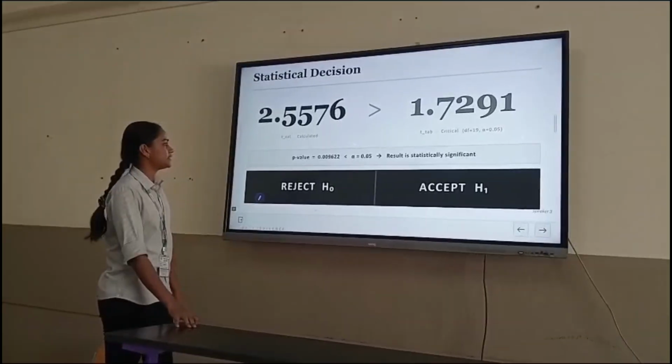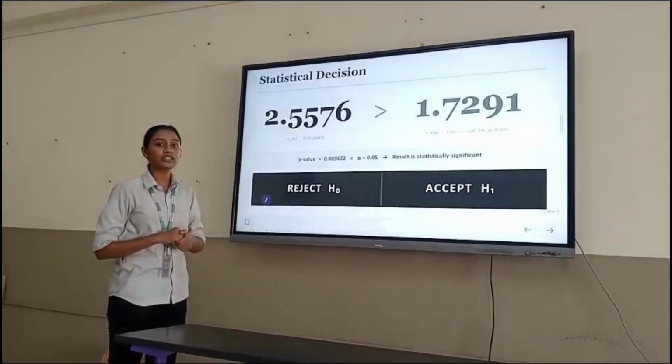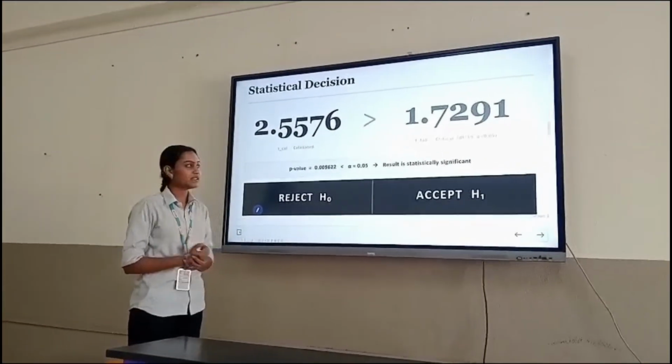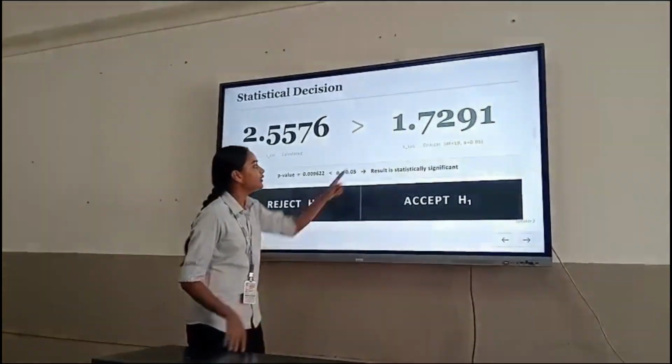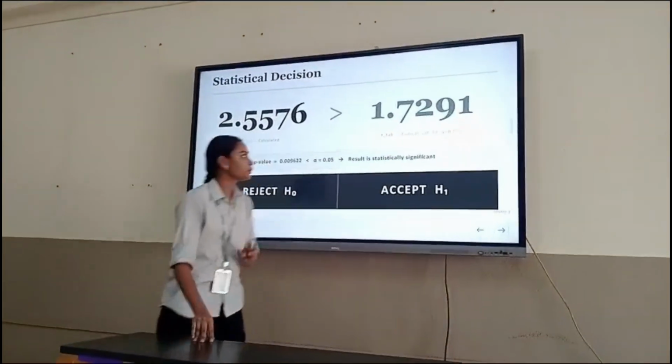Then for the statistical decision, we calculate the t calculated value, which is 2.55, using our reference and sample size of 20, and then we take the tabulated value, which is 1.7291.